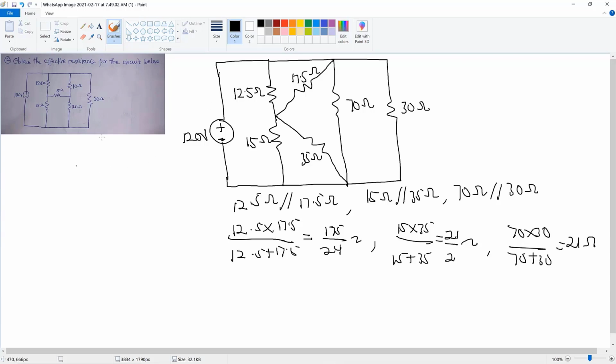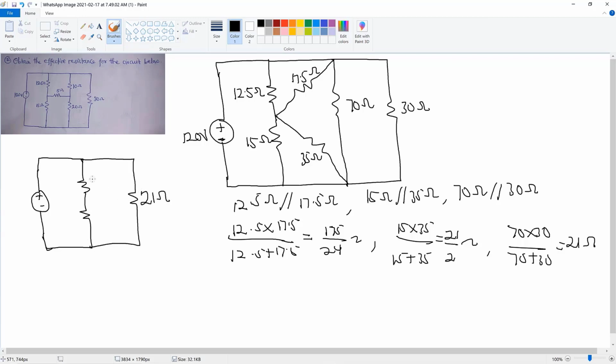So to put them back in the circuit, we have our voltage source, and then we have this here as well, and then we have this here. So our 21 ohm resistor is here.